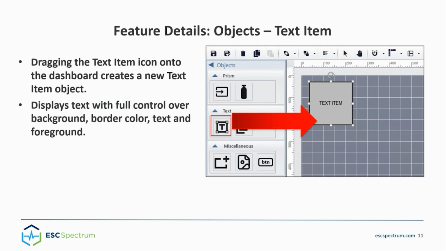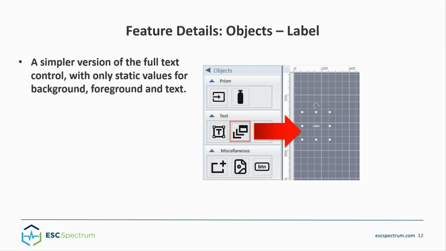This item can be driven by objects in Prism, which I'll cover later. But next to that is the label item, which is meant to be a simpler form of the text item, which will only hold static values for its background and foreground colors and text value.